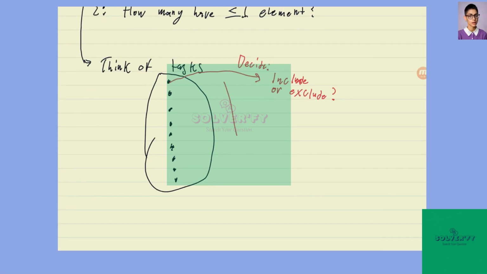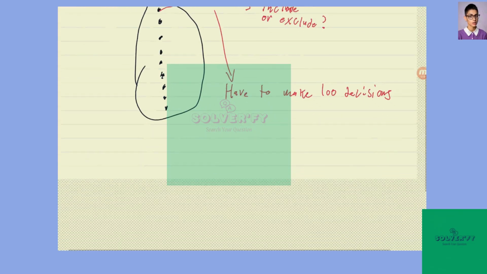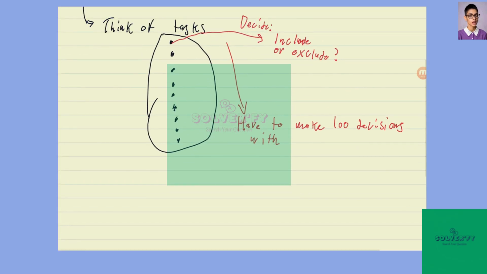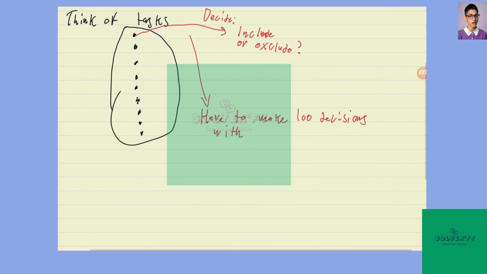So we have to make 100 decisions with two choices each. For each decision, we can choose either to include the element or exclude it.